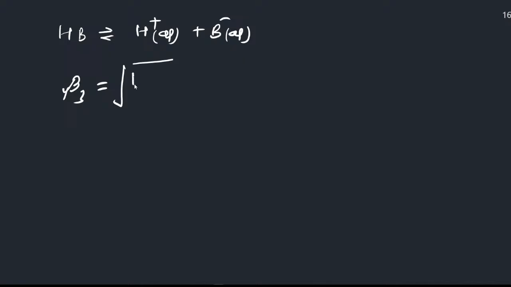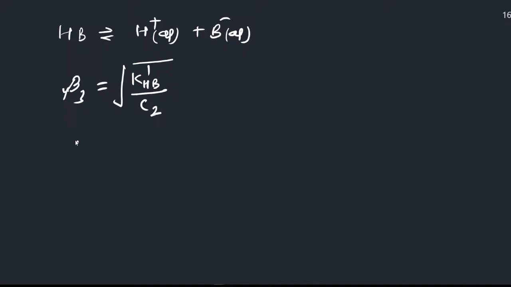And the same is the case with the second, HB. Now instead of alpha 3 it is beta 3. So beta 3 becomes equal to square root of KHB dash by C2.